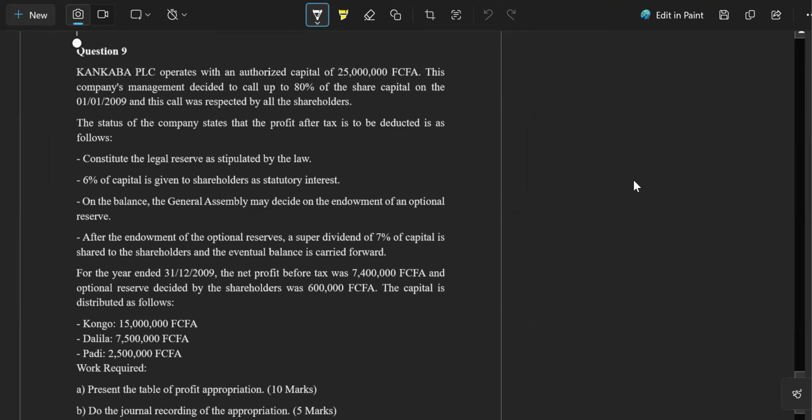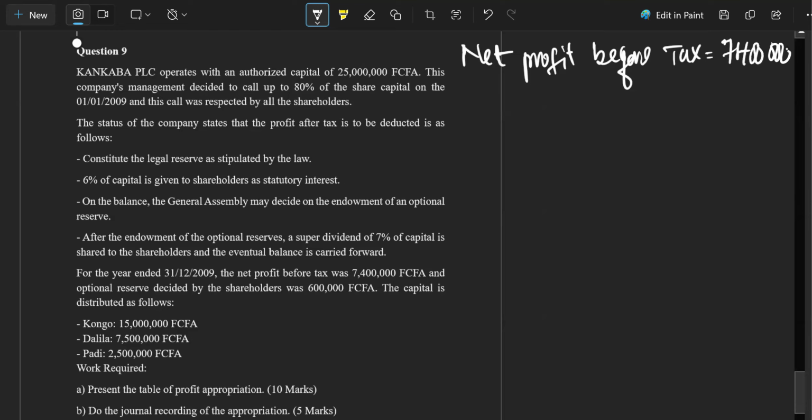So we go ahead. Your net profit before tax, the given amount, is 7.4 million, 7,400,000.